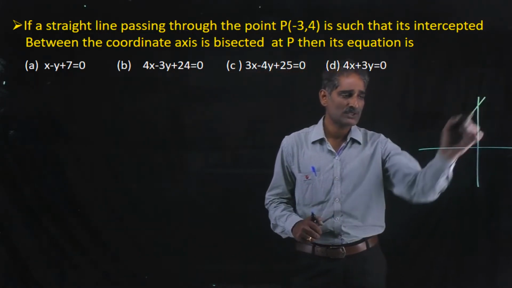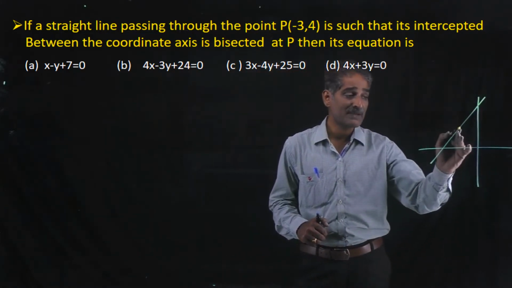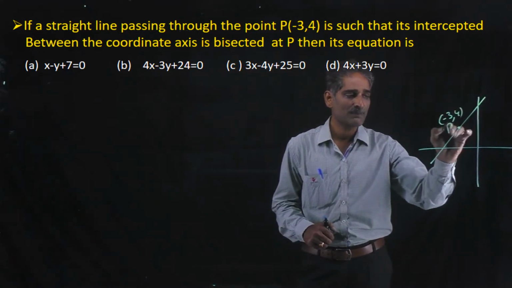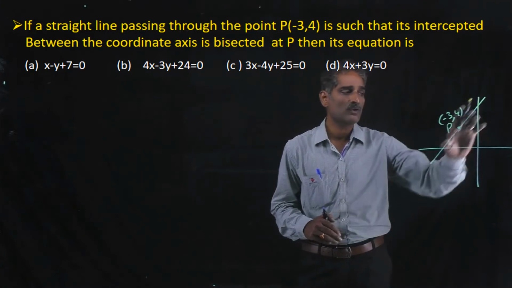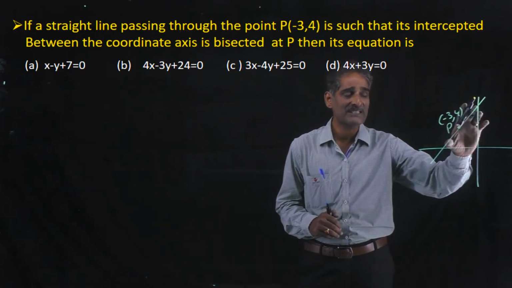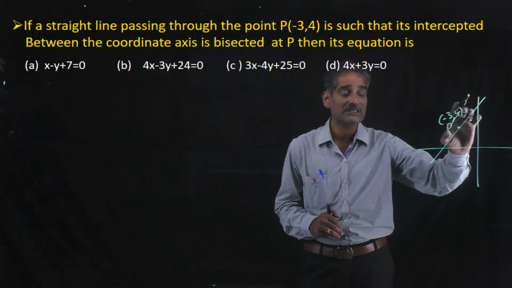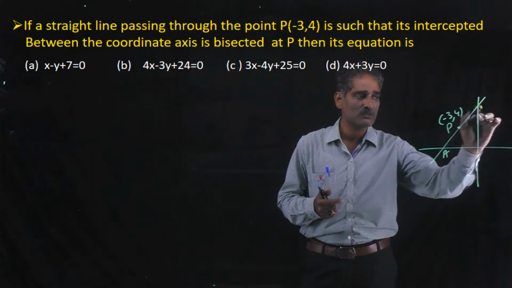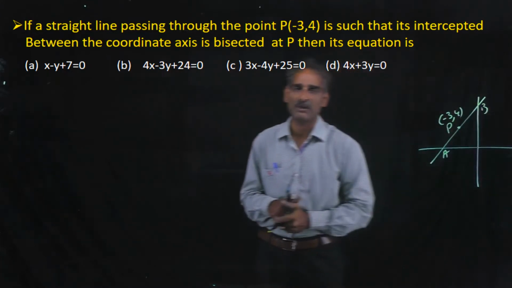Suppose this is the position of the line. This line is bisected by the point minus 3 comma 4, which is point P. We have to find the equation of AB, where A and B are the intercept points.